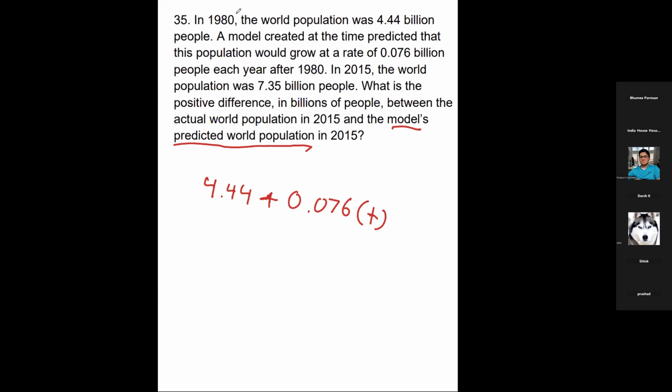In this case, time would be the difference between 1980 and 2015. 2015 minus 1980 is just 35 years. So time would be 35, and we just plug in 35 here.